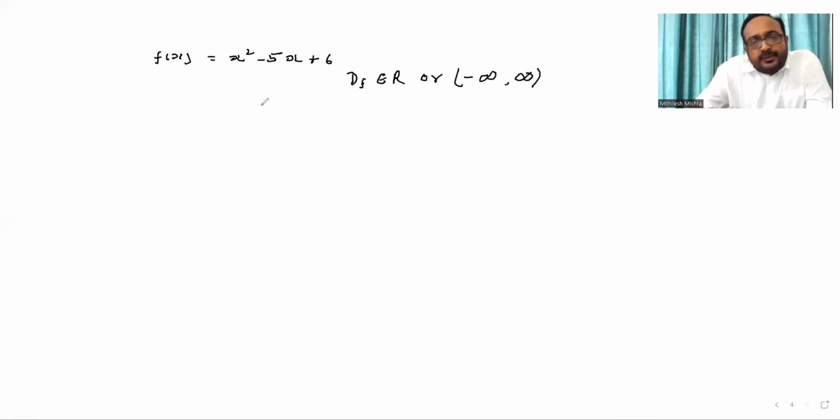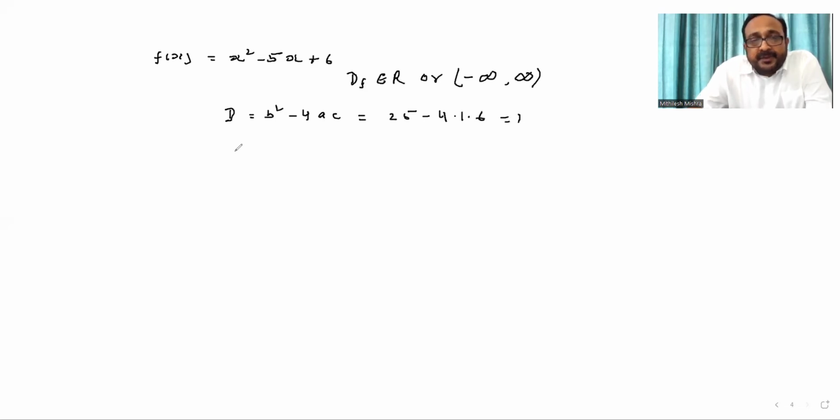Clear? To find the range, first method is find the discriminant, that is b² - 4ac. b is here -5, whole square will be 25, minus 4 into a which is 1, c is 6, that is 1.